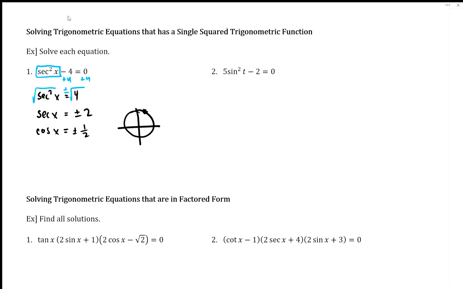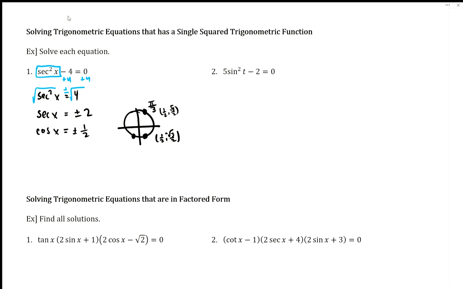Well, where I have a positive 1/2 is right there at pi thirds. And then I'll also, oops, not right there. We'll come back to that in a second though. The other positive 1/2, and I can mark it. Okay, so sorry, it's a little small. There we go, 1/2 and radical 3 over 2. And then 1/2 and negative radical 3 over 2.